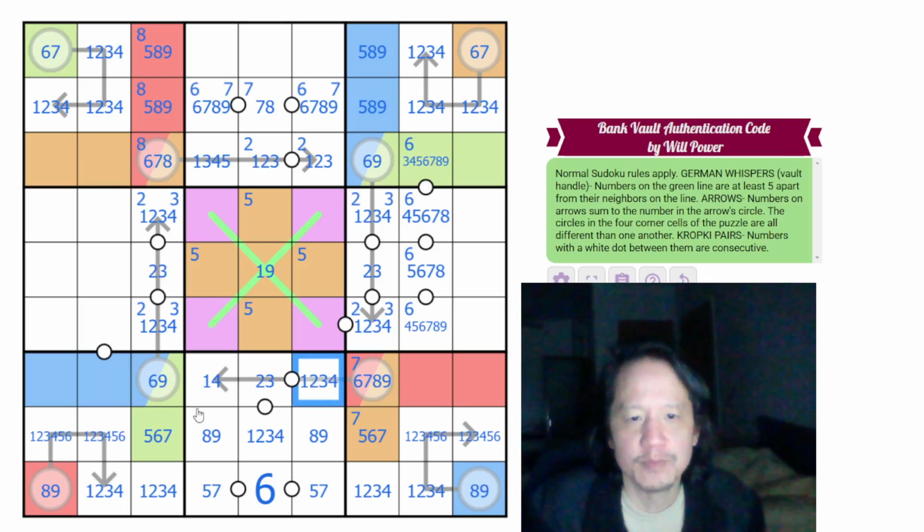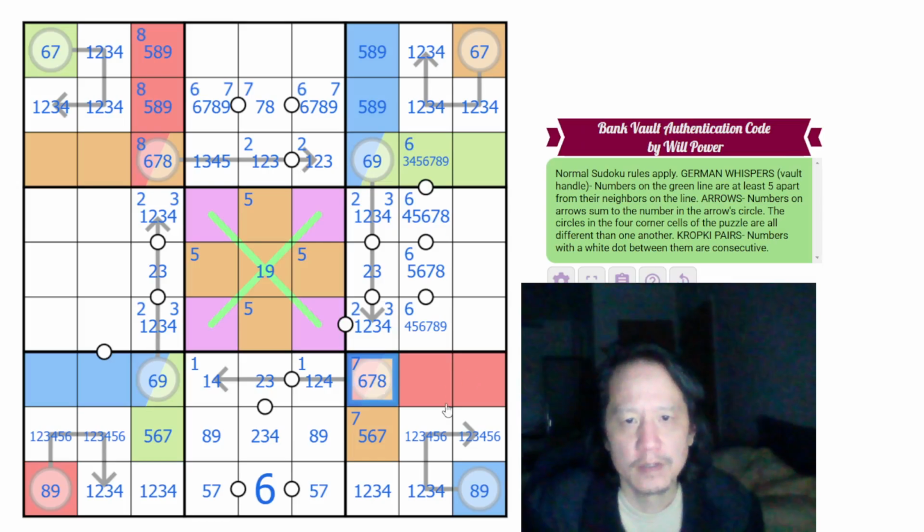It has to be one of these two cells, which means this cannot be a 1 ever. So this can't be 1, 2, and 3 specifically. So if this were 1, 2, and 3, this could not be a 9, right? Because then that would be 2, 3, 4.